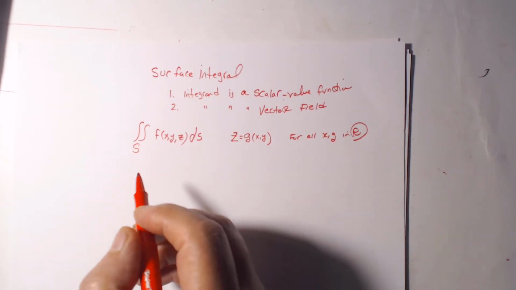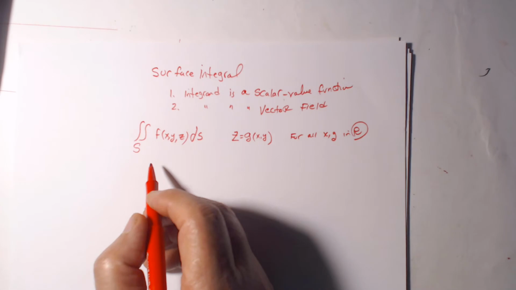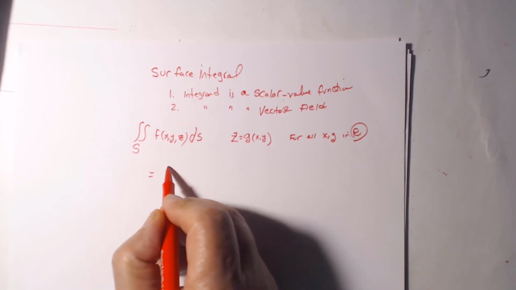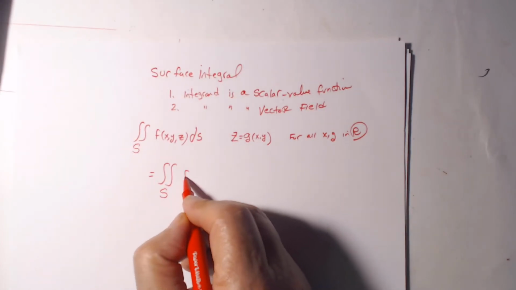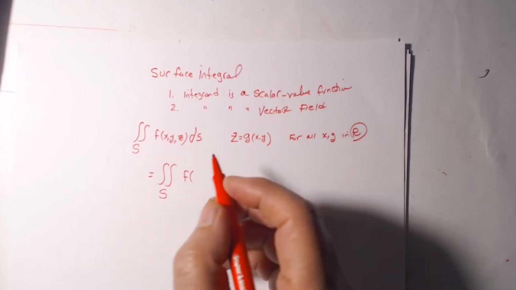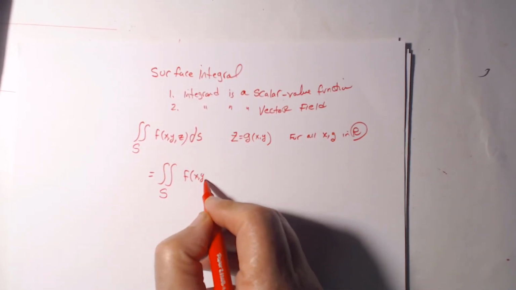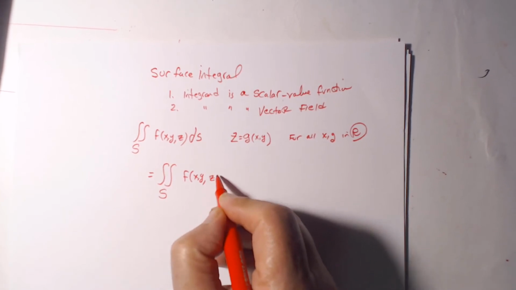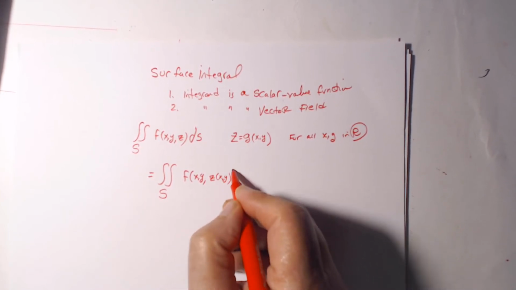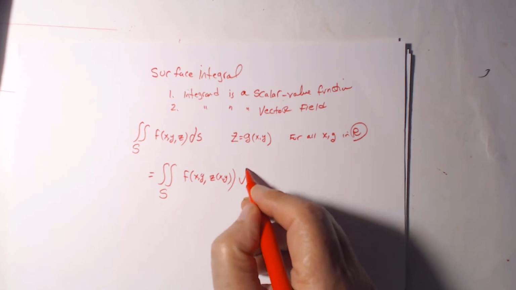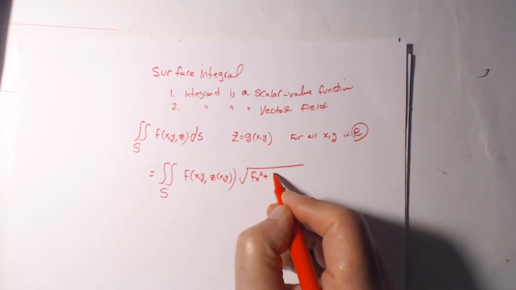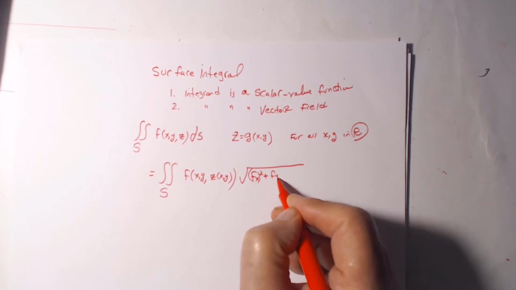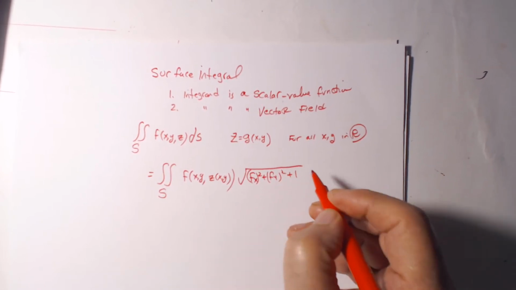Therefore, the surface integral was equal to the integral of your scalar value function, but z was a function of x and y, and the surface area element was the square root of partial derivative of x squared plus partial derivative of y squared plus 1 dA.